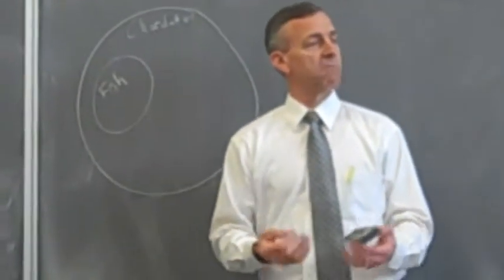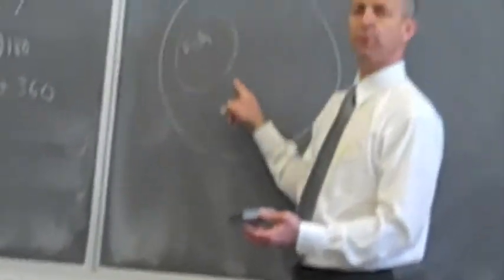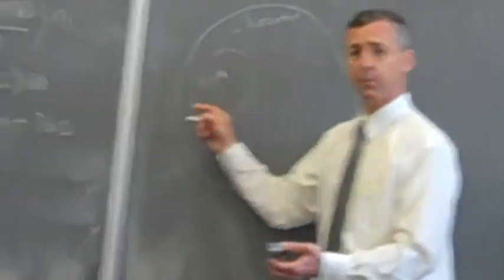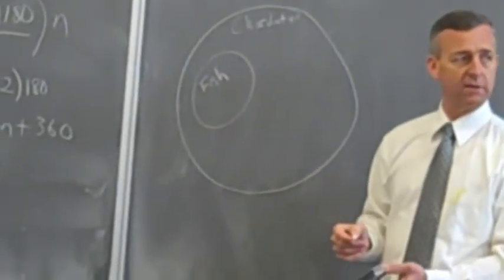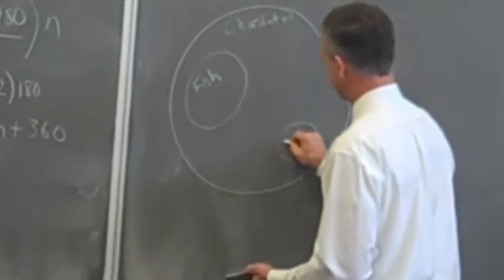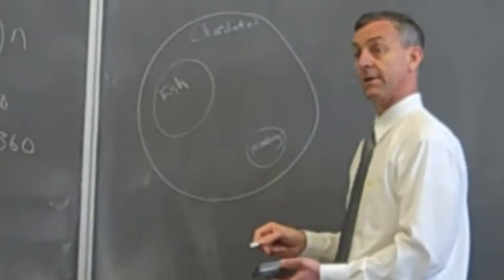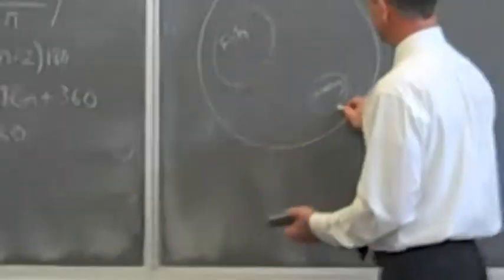Monkeys. Okay. Should I put it inside of this one, should I put it overlapping with this one, or should I put it completely outside of that one? Outside of that. So monkeys go here, right? You can put monkeys inside of primates, and you can put primates inside of mammals.